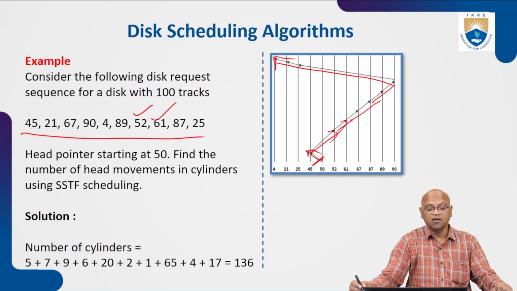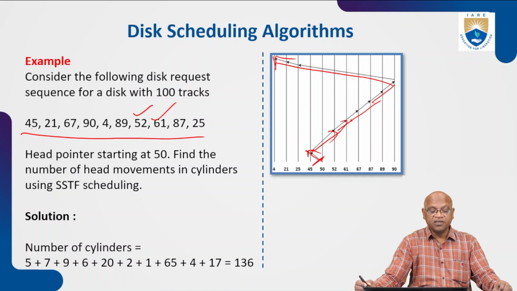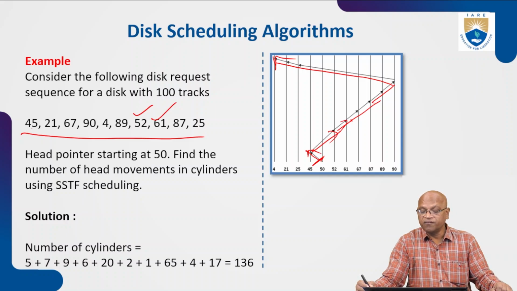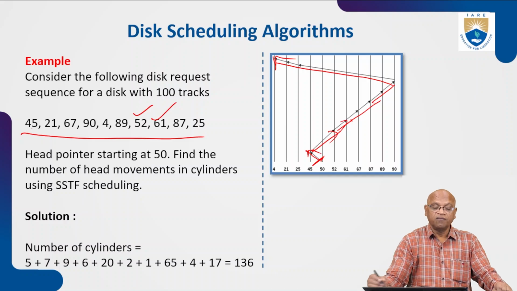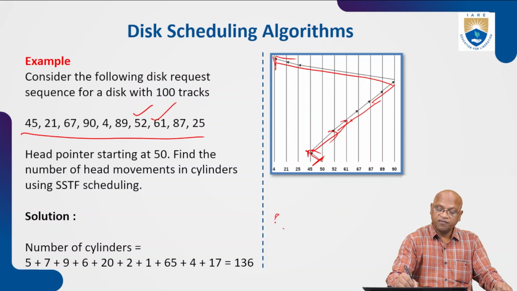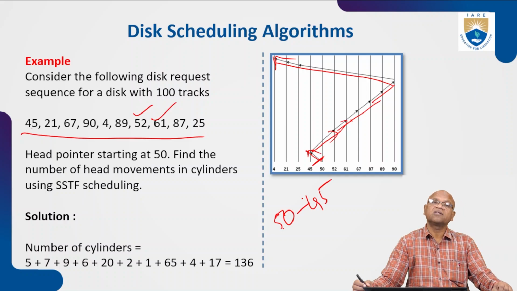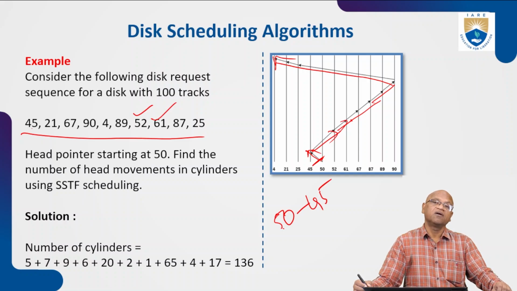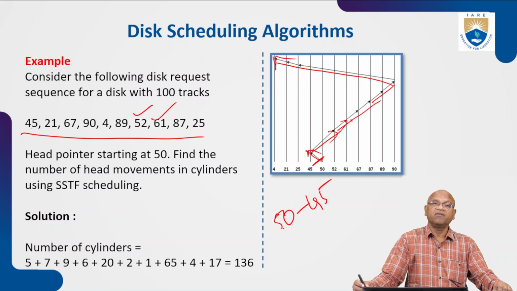Meantime, how many cylinders did it move? Initially at 50, it moved to 45, so 50 minus 45. Like this, it keeps on subtracting from the initial to the next jump, and we add all these things.